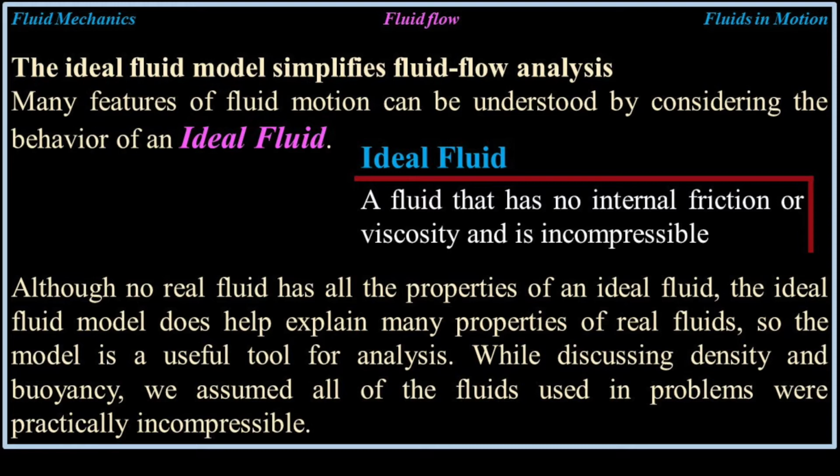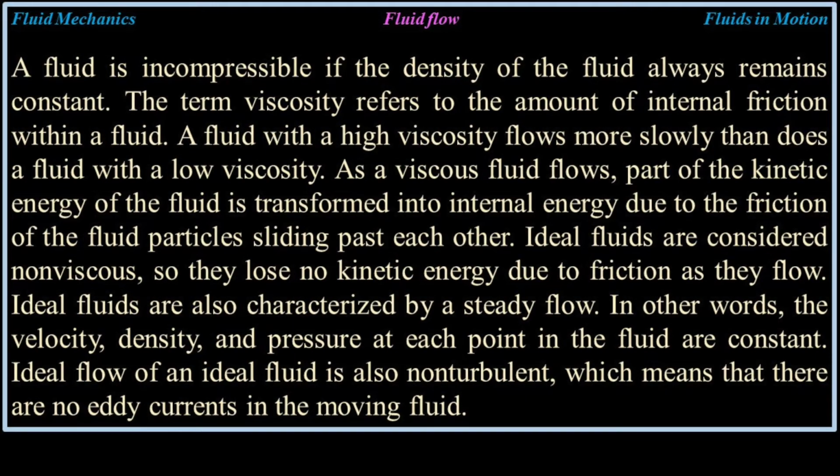While discussing density and buoyancy, we assumed all of the fluids used in problems were practically incompressible. A fluid is incompressible if the density of the fluid always remains constant. The term viscosity refers to the amount of internal friction within a fluid.